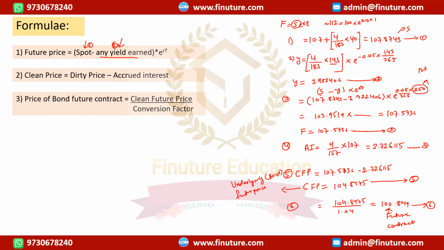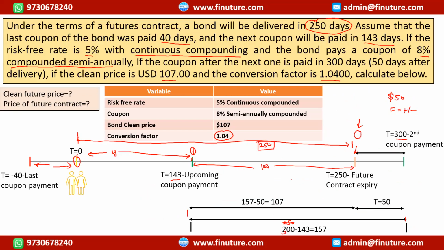Very important thing: the maturity of the future. So I'll just put a star. That's about the maturity of the future contract. So you get a future price. You calculate accrued interest because there is some accrual happening in these 107 days before the next coupon, but there is no payment. That's why we are not subtracting it from the spot.